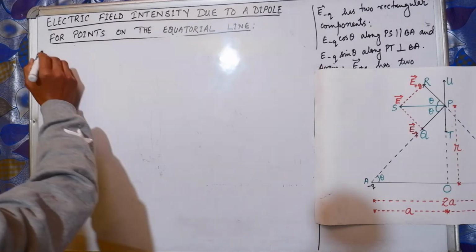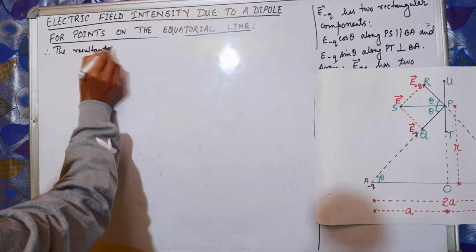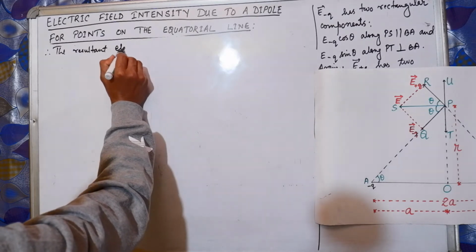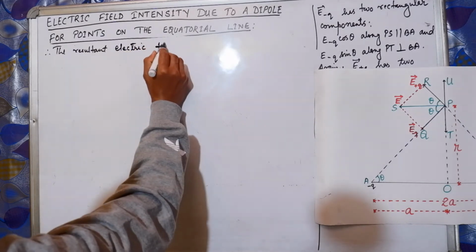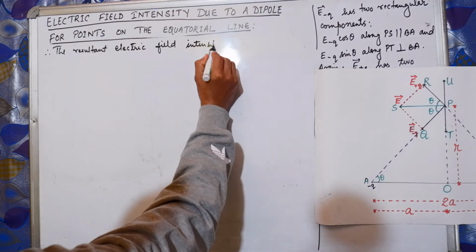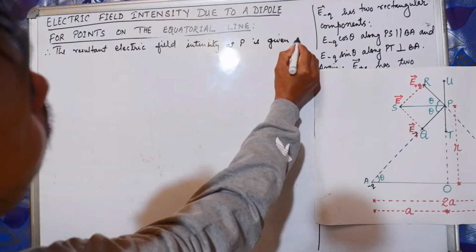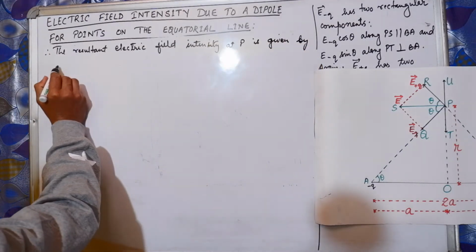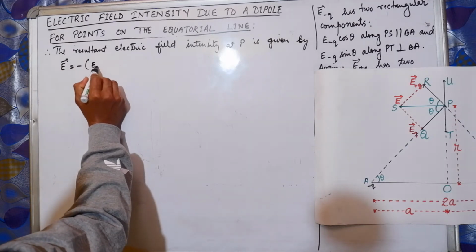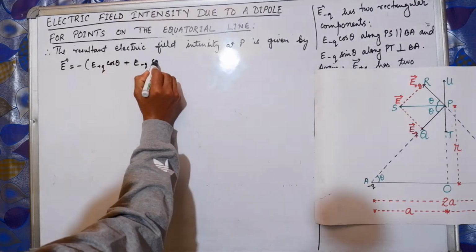So therefore we can write here the resultant electric field intensity at P is given by E, which is equal to minus E plus Q cos theta plus E minus Q cos theta.